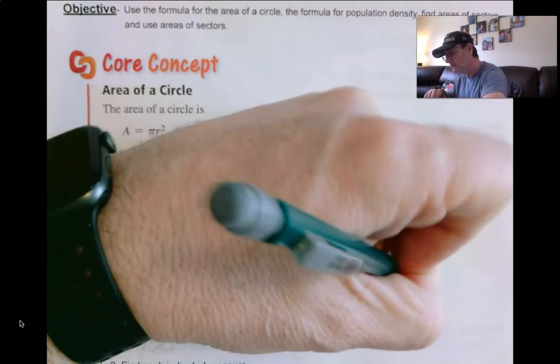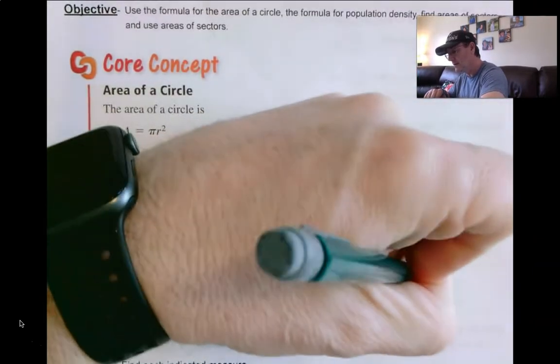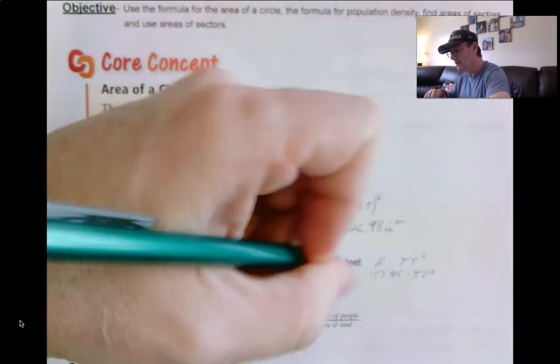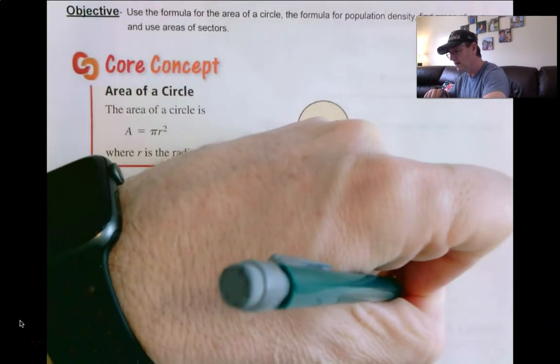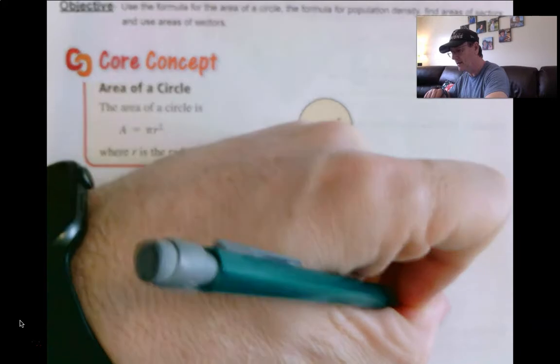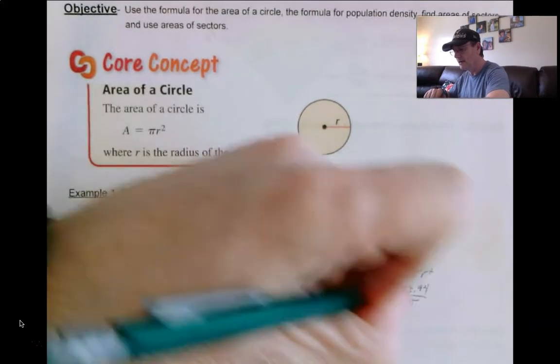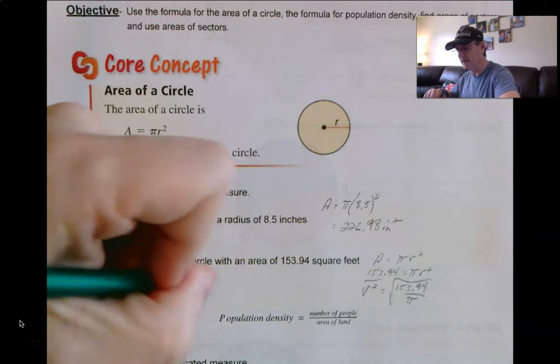153.94 equals pi r squared. Divide by pi, r squared equals 153.94 over pi. Square root that, and that will get us the radius, and then we'll double that to find the diameter.